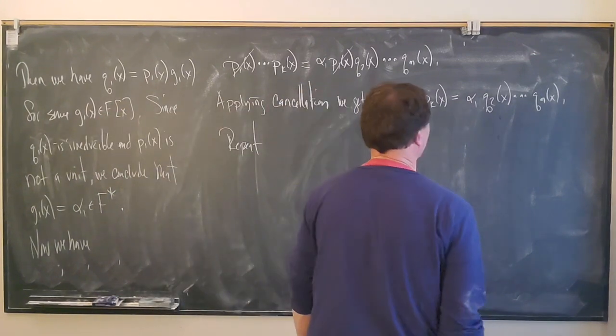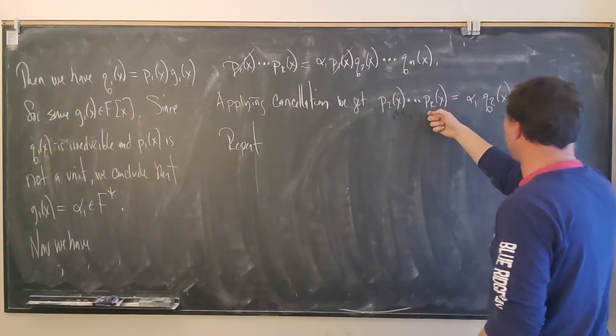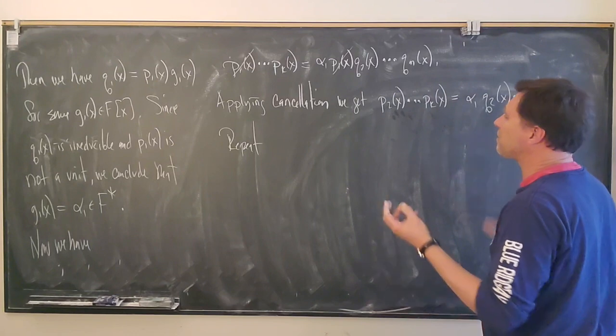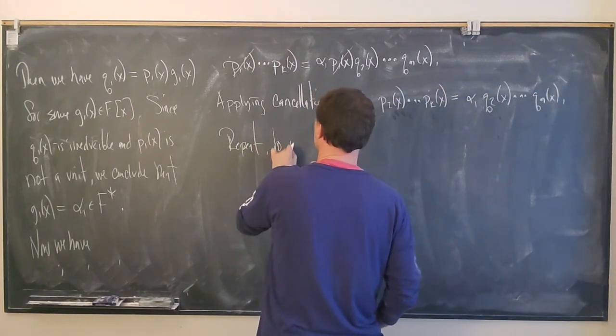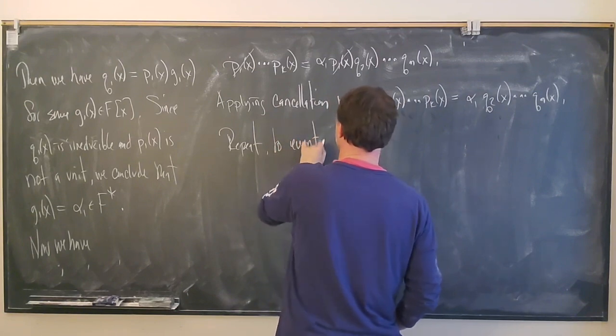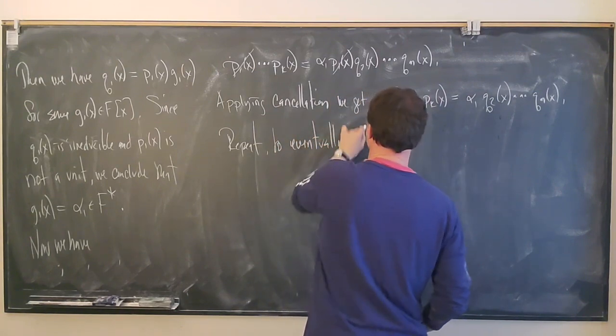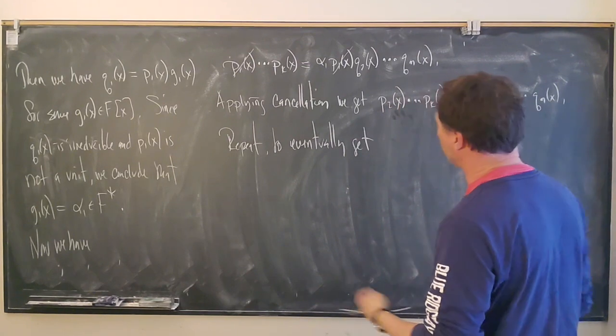Yeah, okay, so one of these numbers is bigger than the other, right? Either k is bigger or m is bigger, and it doesn't really matter, right? So repeat to eventually get, well, I guess there's two possibilities depending on which one's bigger.